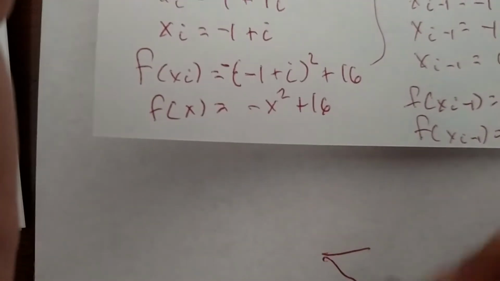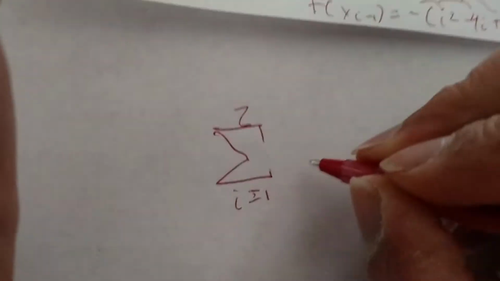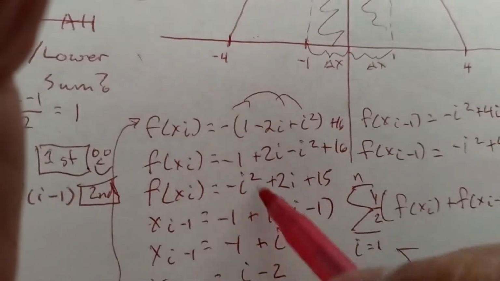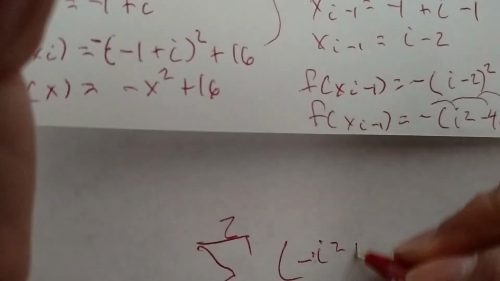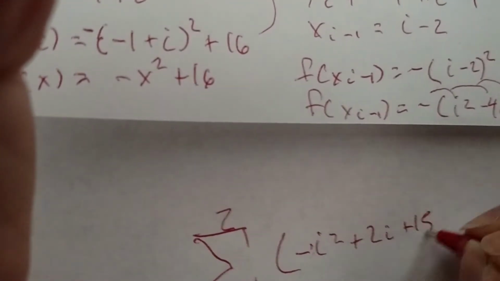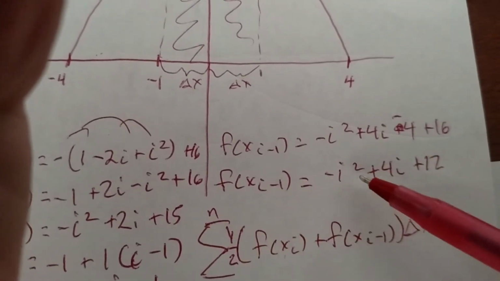Summation. How many things were we adding again? 1, 2 things. Okay? So the f of x of I was negative I squared plus 2I plus 15. And then the f of x of I minus 1, negative I squared plus 4I plus 12.